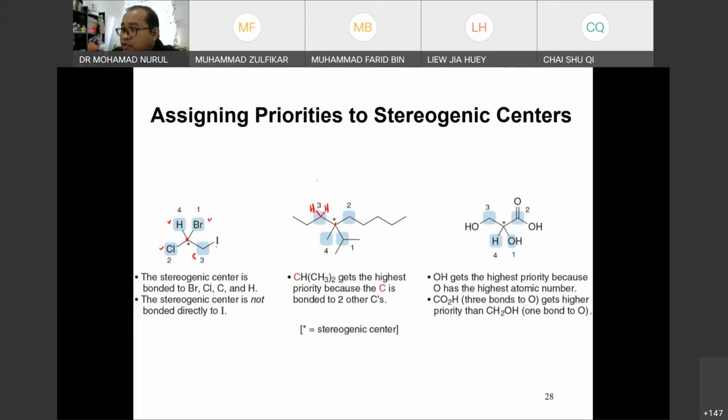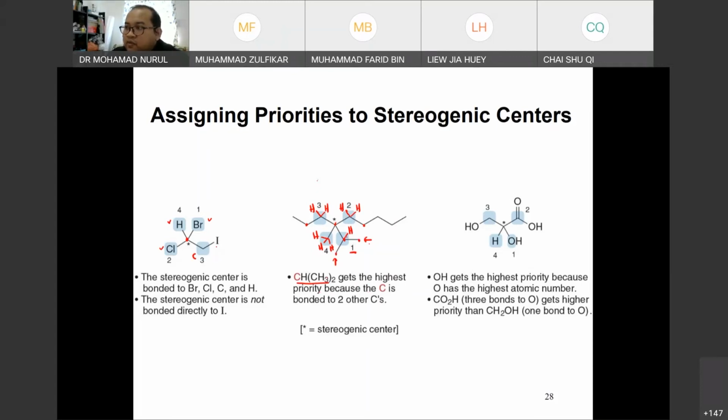This one is bonded to carbon, proton. This one is bonded to carbon. Carbon also. This one is only proton. This one is only carbon, carbon, and carbon. So this branch gets the highest priority because the carbon is bonded to another 2 carbons. These 2 carbons, that's why it's the first highest priority.